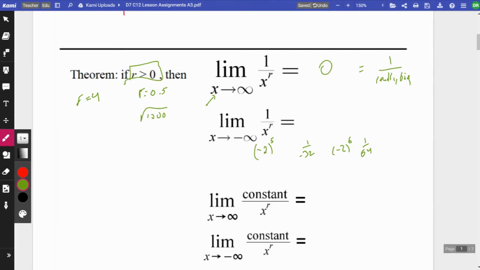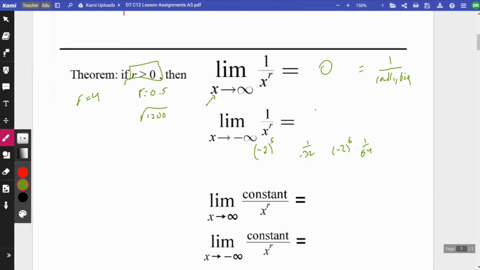So how can we say it's going to a limit of just one number? In this case, you can still see it, because 1 divided by negative 32 and 1 divided by 64, yeah, they're different signs. But they're small numbers. And if we start plugging in a really big number for x, whether it's negative 5 million, we're going to raise it to some power, whether it's positive or negative.